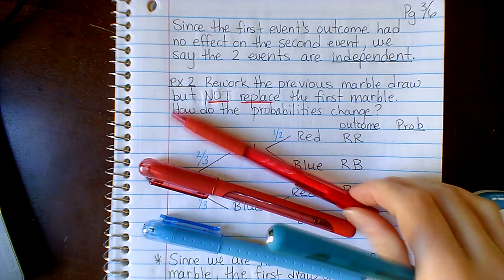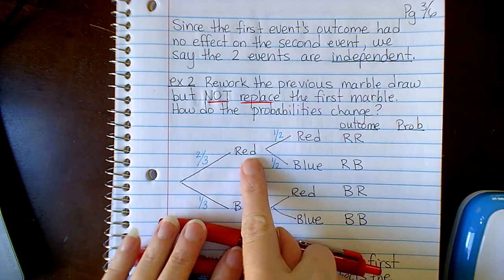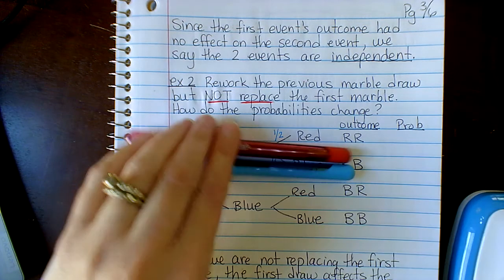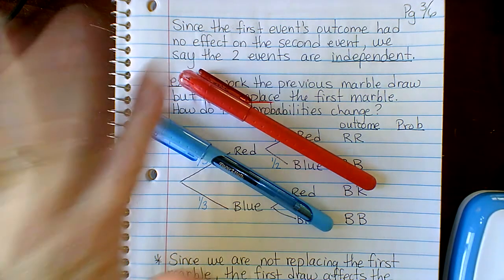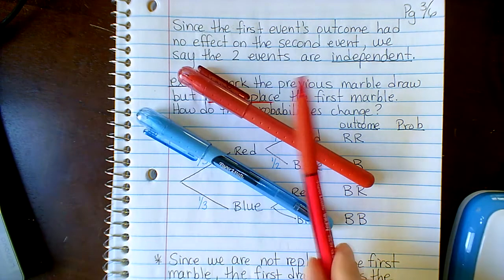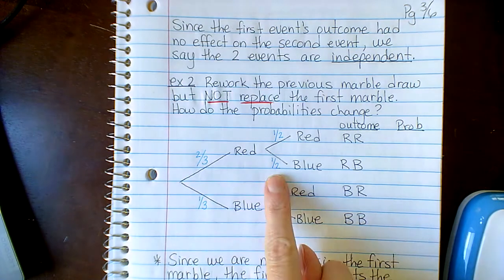I'm finding the red pen. There we go. 2 red, 1 blue. Now, this says you pull out a red. Okay, so there's a red. Now, I've got 2 total. 1's red, 1's blue. So what's the probability of getting a red now that this one's gone? Well, it's 1 out of 2.